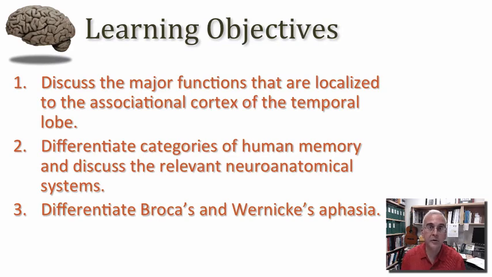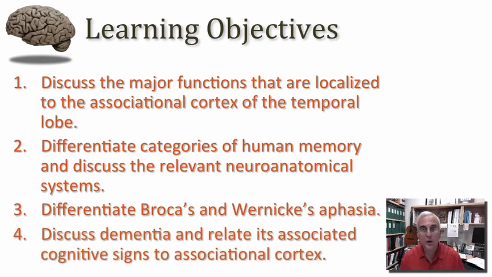So I want you to be able to differentiate the aphasias, that's the medicalese term that we use to describe language problems associated with one of these regions or the other. So objective 3 is to differentiate Broca's and Wernicke's aphasia.